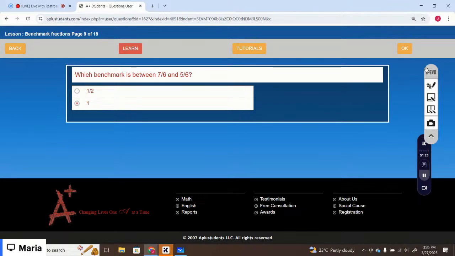So the benchmark between 7 by 6 and 5 by 6 is 1. The benchmark is 1.